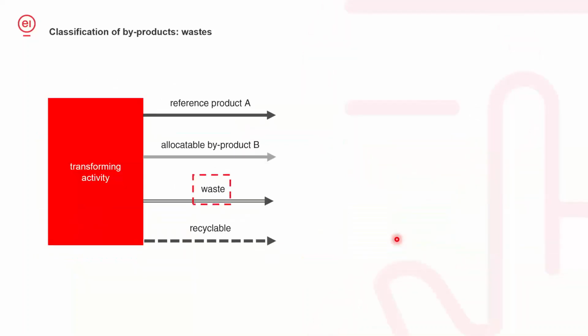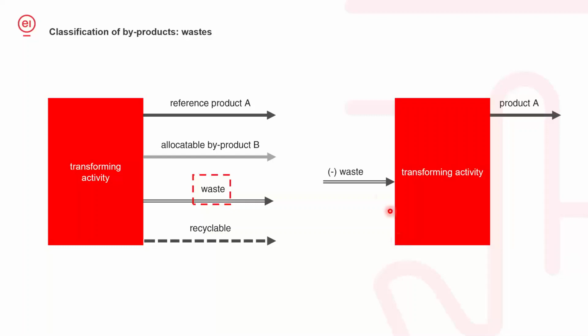Now, when we have waste, waste is a product with no economic value. The producer of waste needs to pay in order to get rid of the waste. The waste is modeled as a negative input. So a transforming activity that produces waste is consuming the service of treating the waste.